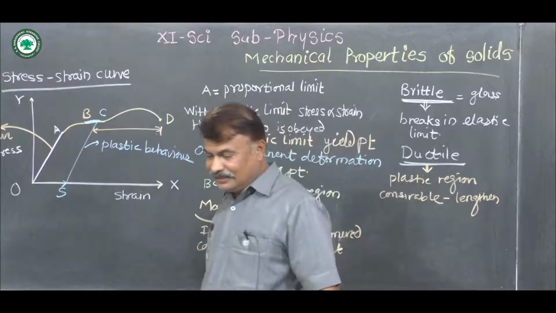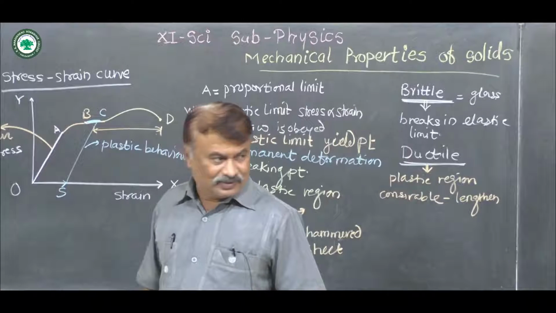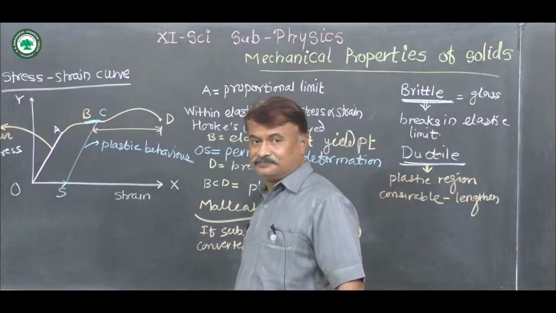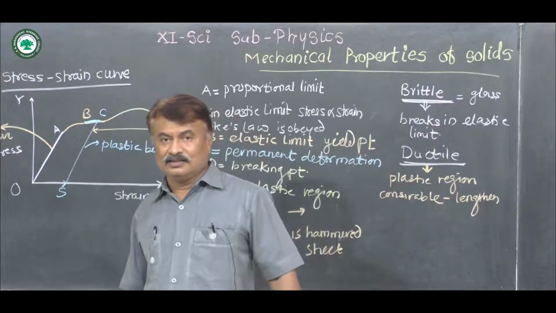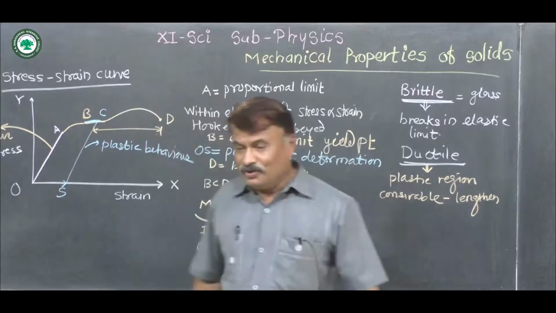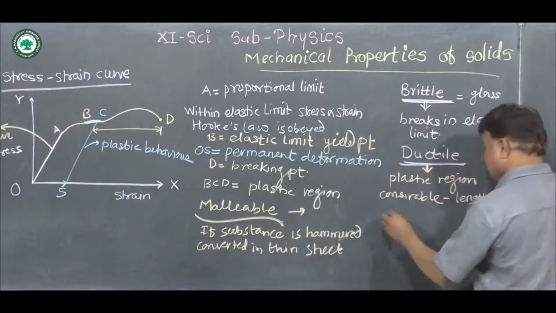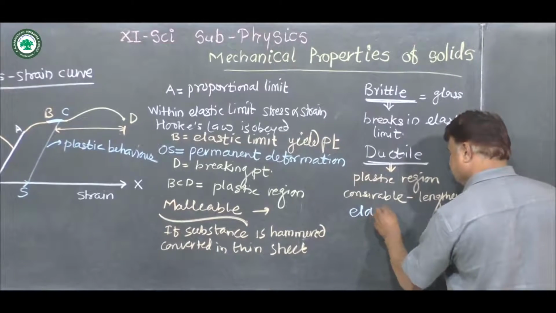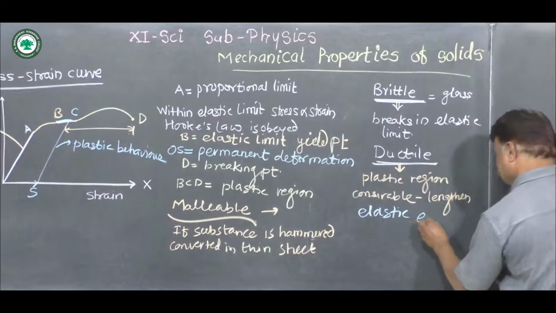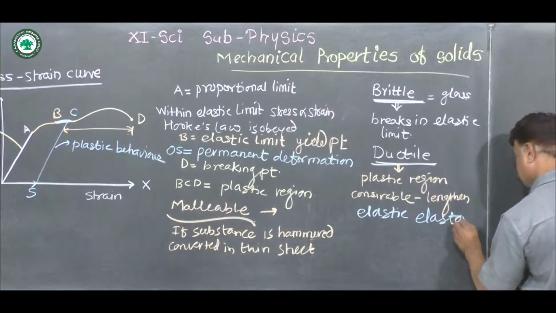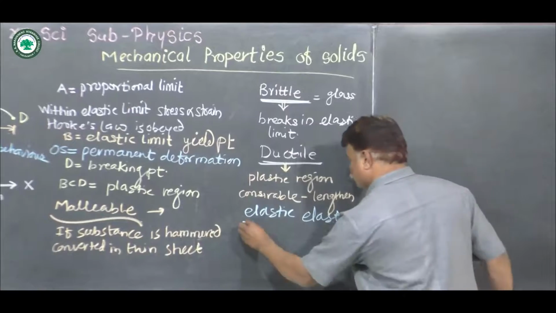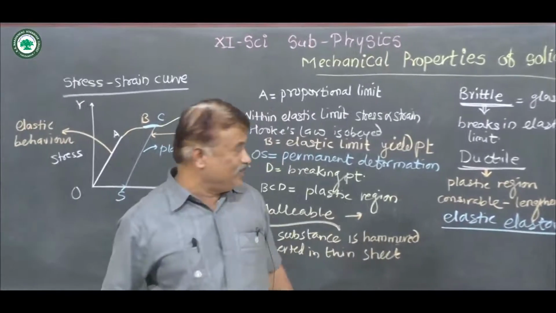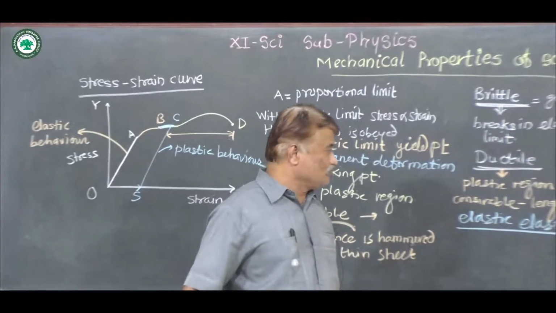Now there is another type of substance. If you consider rubber, in case of rubber, it has large elastic region. So we have to study about the elastic elastomer.